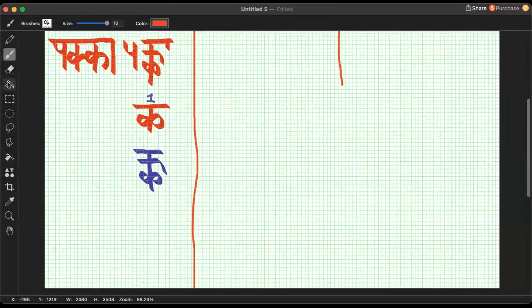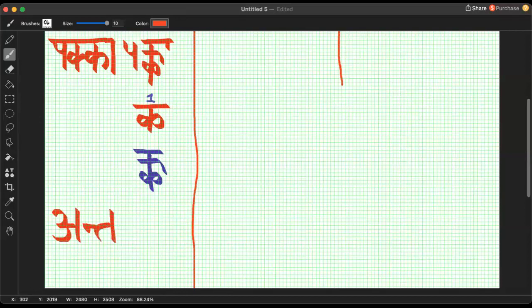Next, we'll see the word "anta". I'll first write it in Devanagari. This is "a", and then you have "nta".